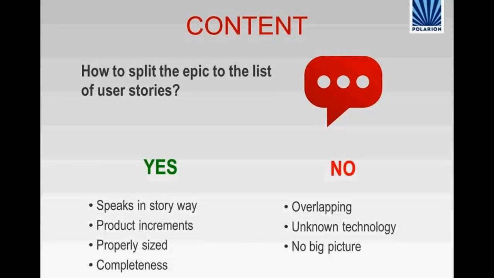They should not be written without understanding the technology behind, at least roughly, because if you just describe the story without even understanding the technology, it would be very, very difficult to estimate it again. And you should always think if the user story is consistent with other stories.